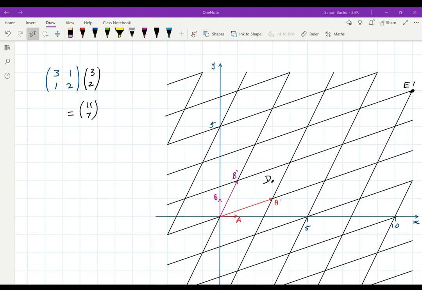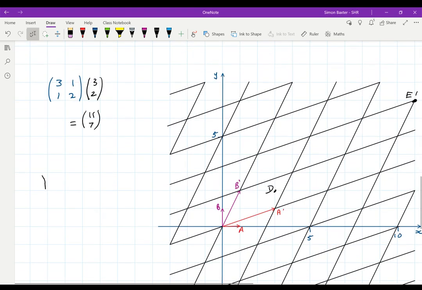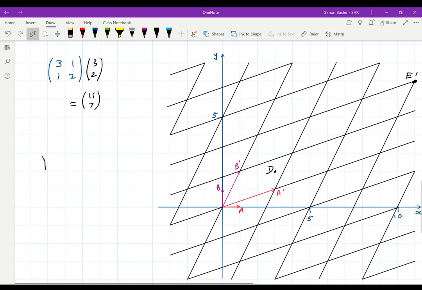Let's look at another point and see that happening again. Taking the matrix (3, 1; 1, 2), let's start this time with the point (-1, 2). 3 times -1 plus 2, and 1 times -1 plus 2 times 2.